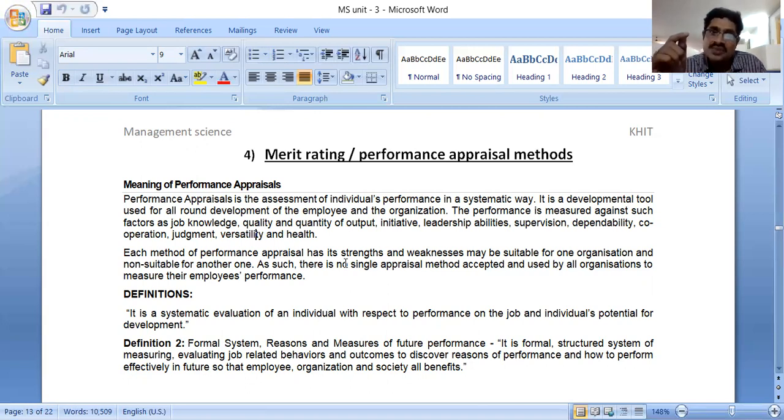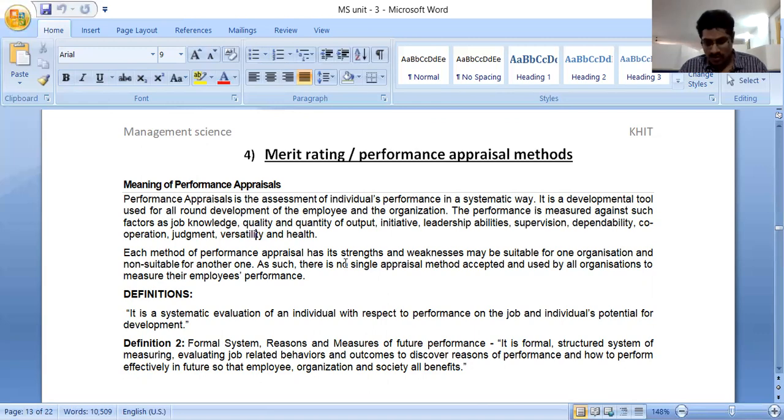The accounting senior manager's performance is checked by his higher authority, the financial head. The financial head's performance is checked by his higher authority, the general manager, right? So each and every position has designations. Each and every designated person has an immediate higher authority. That immediate higher authority will check the performance of the employees, right?